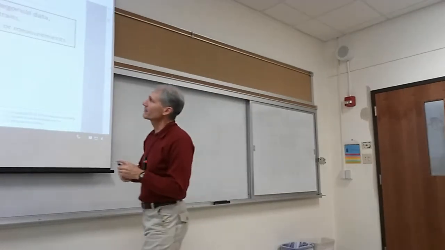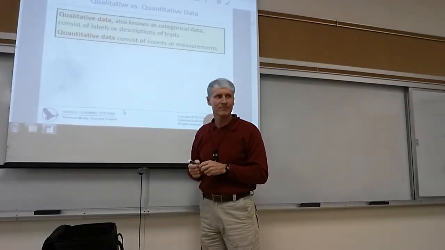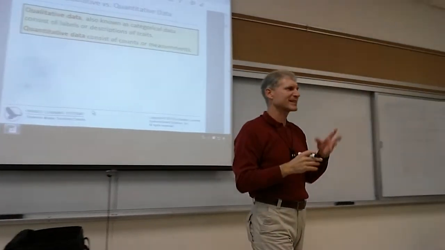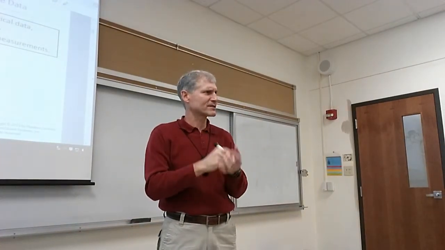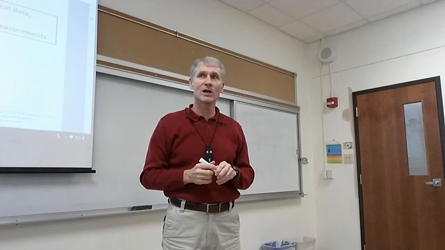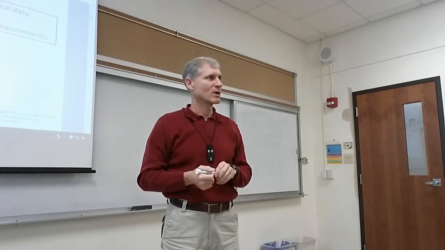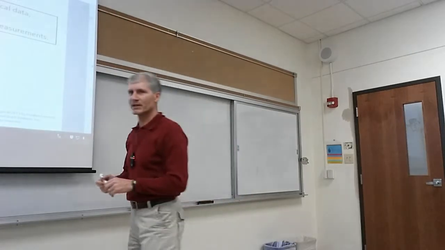So we can divide, first of all, into qualitative data or quantitative data. And if you have trouble remembering definitions of words, it's often helpful to go back to the root of that word, right? So what is the root of qualitative? Quality, right? So what is a quality of the subject?